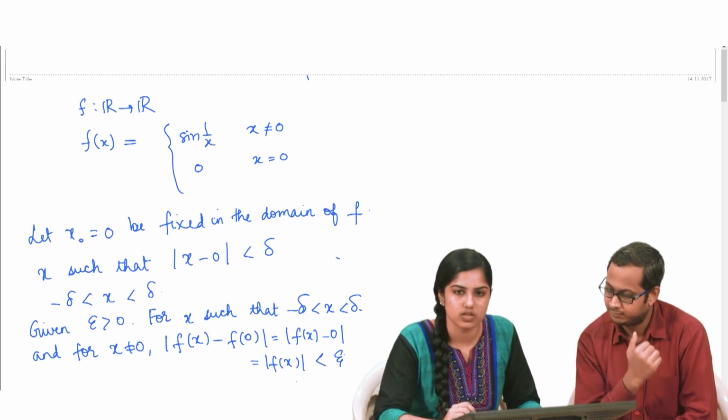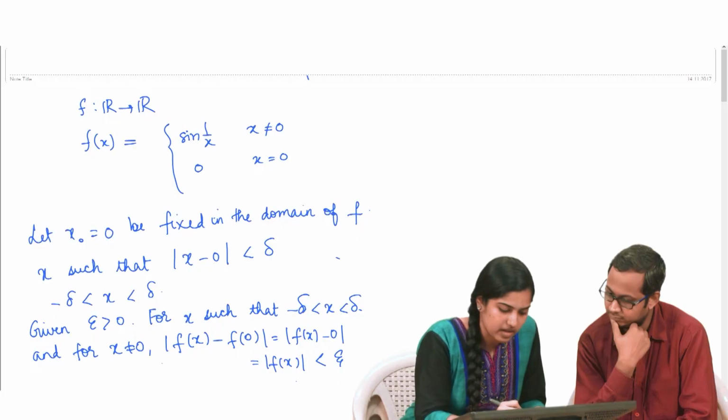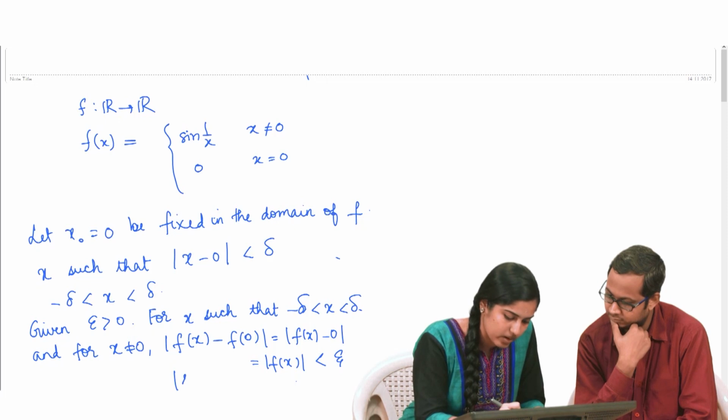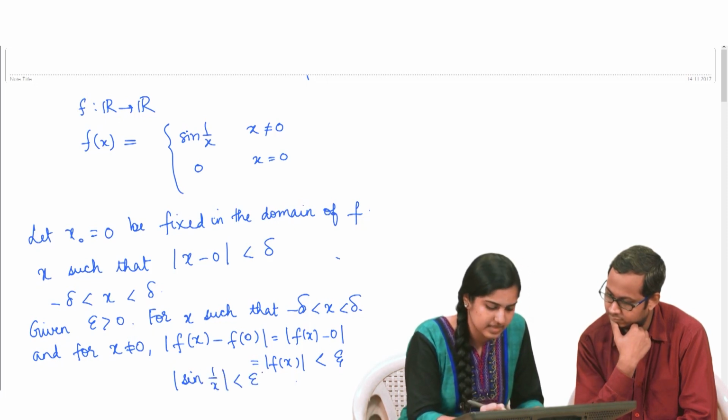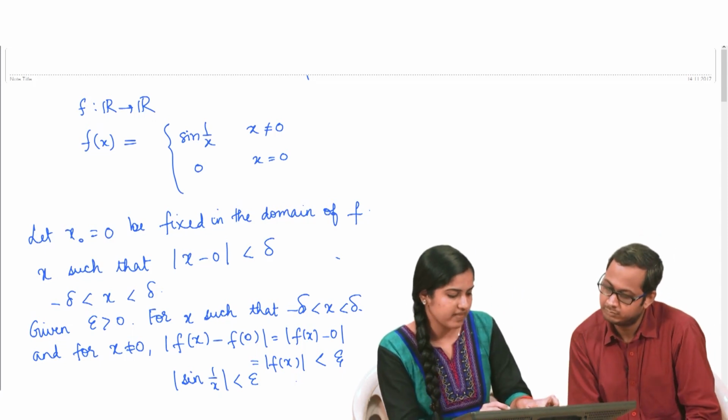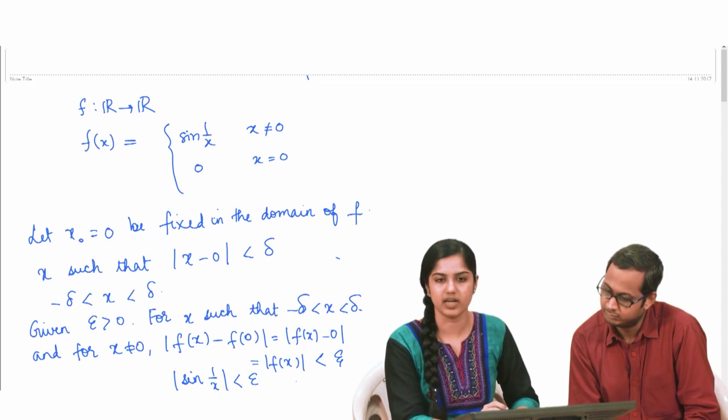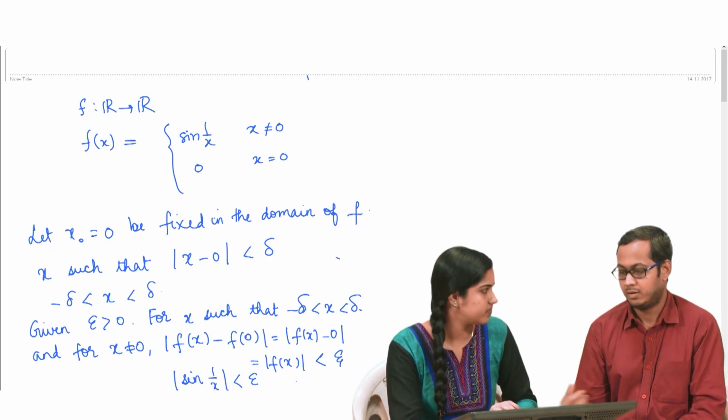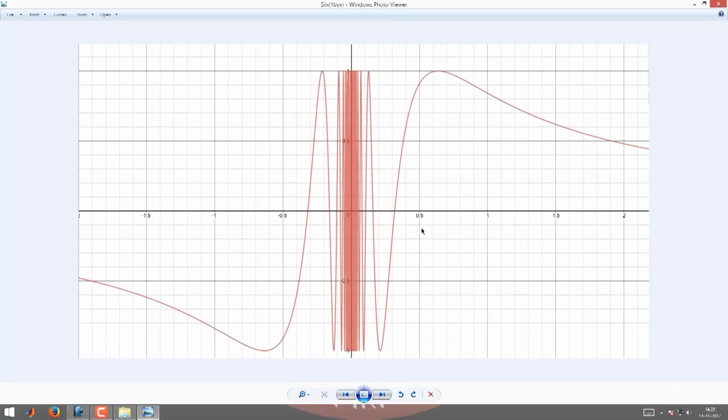What is f of x? My f of x is sine 1 by x. I want modulus of sine 1 by x less than epsilon whenever x lies between minus delta and delta. But the graph itself is showing that whatever small delta I choose, I always have some point in that delta neighborhood where it takes the value 1 and minus 1.